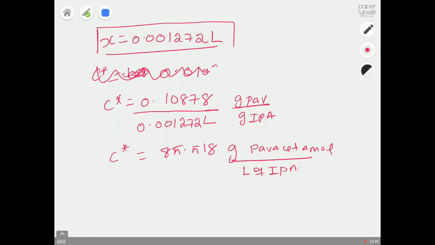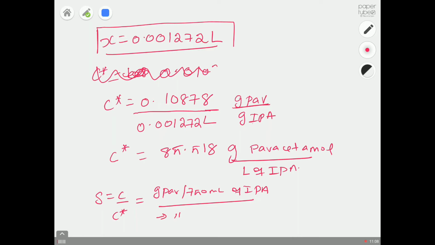So now we need to calculate the supersaturation ratio. S is equal to C by C star, where C is expressed in terms of grams of paracetamol per 750 ml of IPA. And C star must be expressed in the same units.